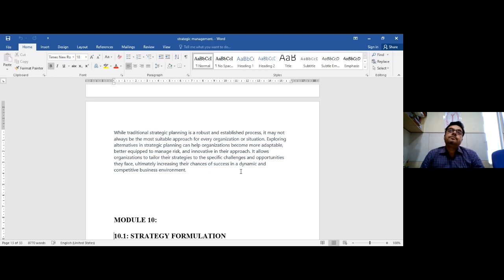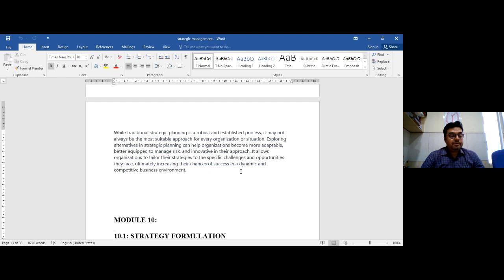So, identifying competencies above or superior to that of the competitors may be termed as distinctive competency, and three factors, three conditions need to be satisfied with regard to that.